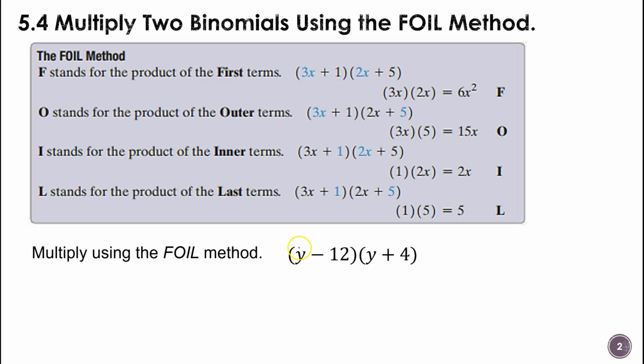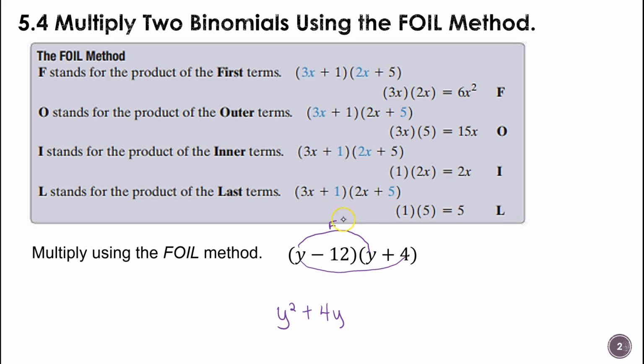We multiply the first two terms, that's the F, in each binomial. So that's going to be y squared. Let me scoot that down because I'm going to be drawing these lines. Y squared. Okay. And then the next part of this is O, and that stands for the outer terms. So I'm going to multiply y times 4. So that's plus 4y. I stands for the inner terms.